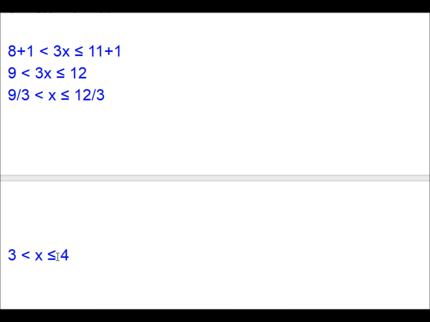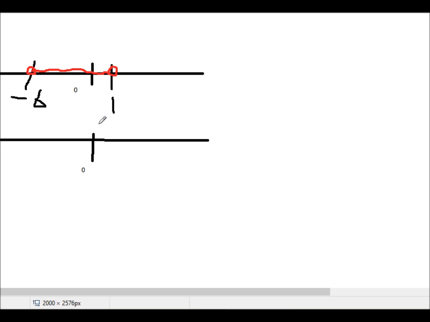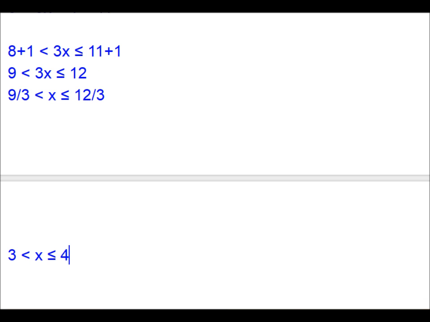So how can we plot on the number line? Here x is less than and equal to 4, that means including 4, and here x is greater than 3 but not including 3. So let's see how we can plot on the number line. Assume this is 3 and this is 4. This number line is not drawn to scale, just for the understanding of the concept.